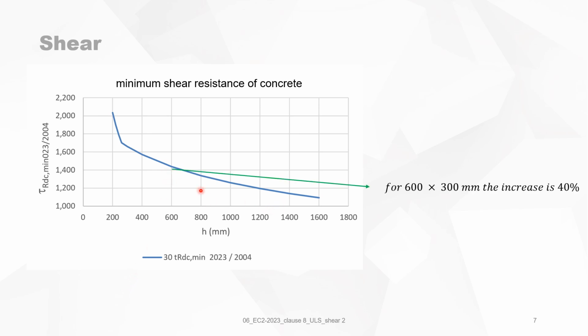Looking carefully at this graph, then you will see, for instance, for a beam 600 depth and 300 width, you have already an increase of 40% in the minimum value of the shear stress capacity of the concrete.